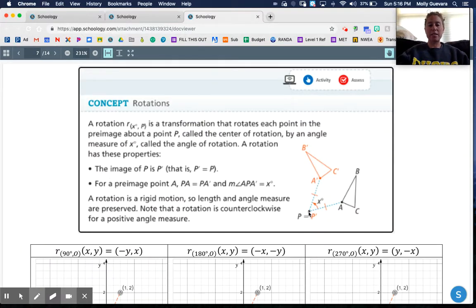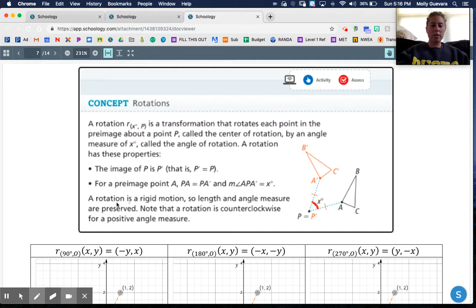All that means is that whatever your point of rotation is, it just stays the same. Your point of rotation does not move. Okay, so if I'm rotating around point P here, then P prime would also be the same thing. And then you're rotating, and how you're rotating is x degrees. So I'm rotating from P to P prime x degrees.